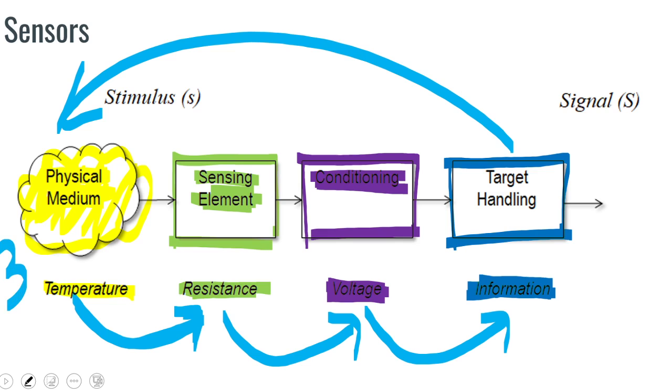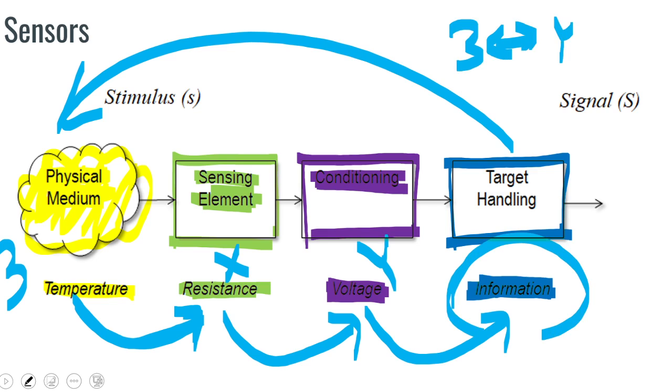That would result in a particular value of resistance change, and that would result in a particular value of voltage change. Now, we need to have a mapping between this 3 and this information. That is the last point that we will have. That is the signal that we would be ending up with.